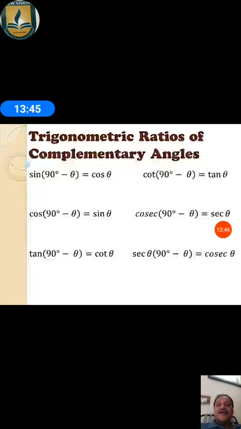Because they are complementary angles: if the sum of two angles is 90 degrees, then they are called complementary angles. These are the results which we have under complementary angles.